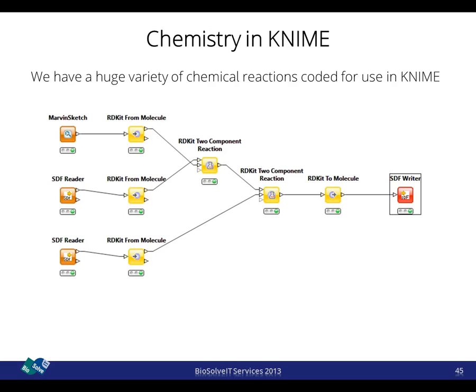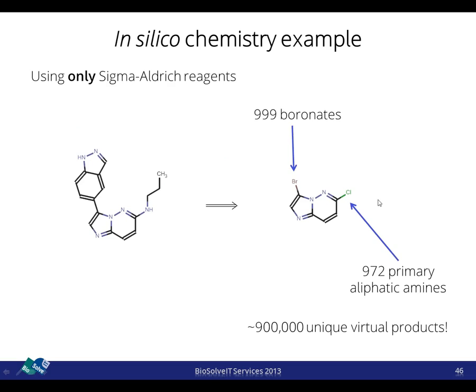And the reason that becomes important is that if you take a very simple pair of chemical reactions that I demonstrate here in KNIME, so here is where the first reaction takes place, takes 2 input sets of molecules, and puts them together to generate one product, which is then the input for a second reaction, and then writes out an SDF file.